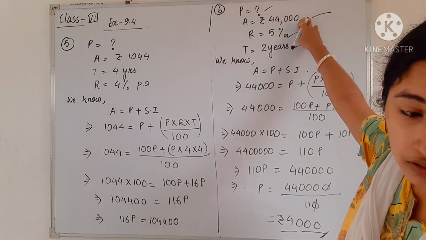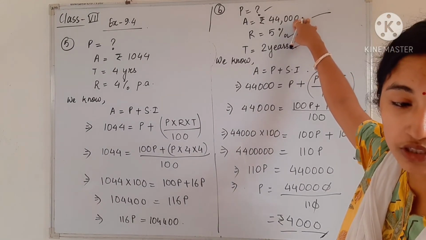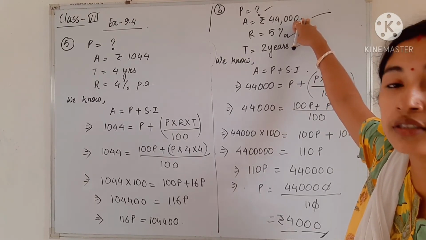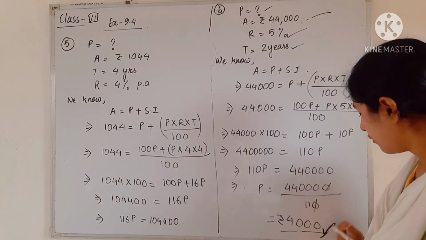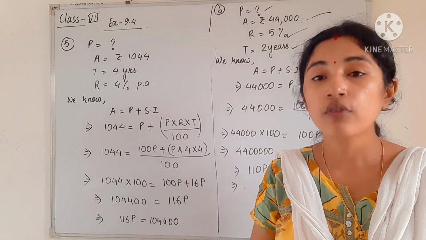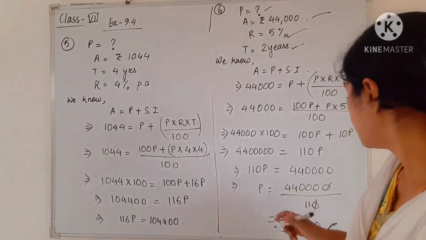Now the second part of this question is how much will it amount to in 3 years at the same rate. That means if we deposit this money in the bank for 3 years, then what will be the amount after 3 years? So it is the same thing.